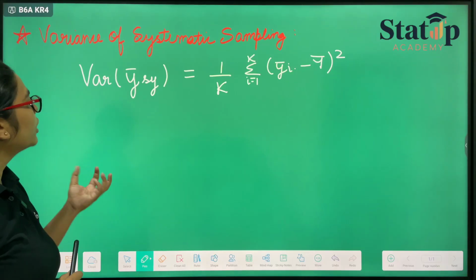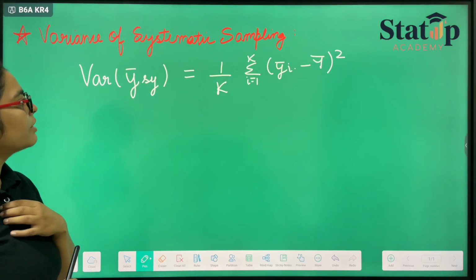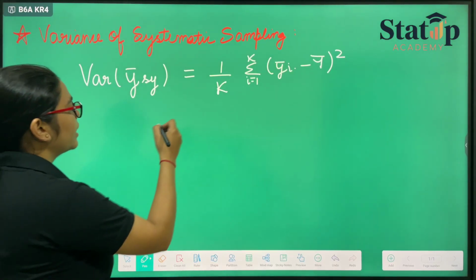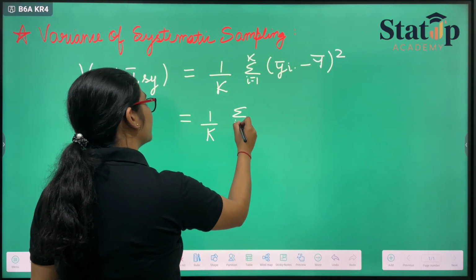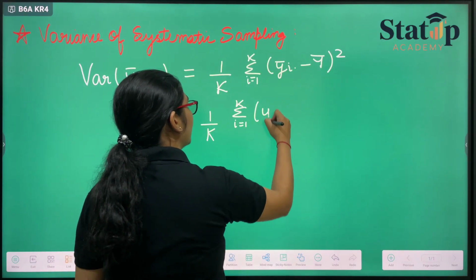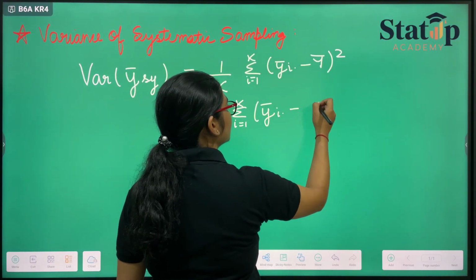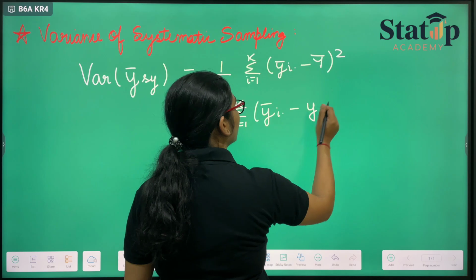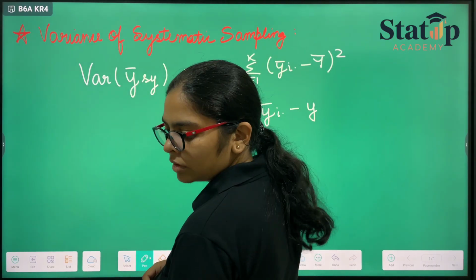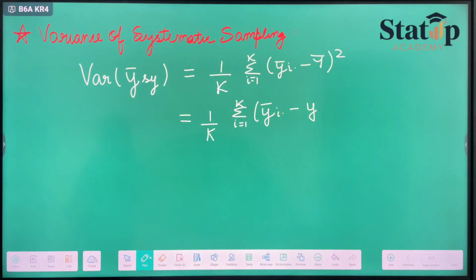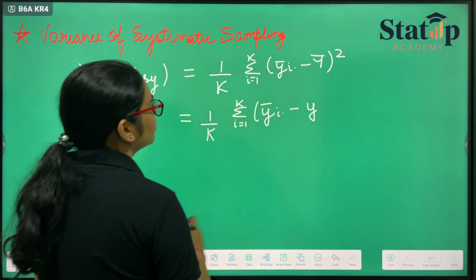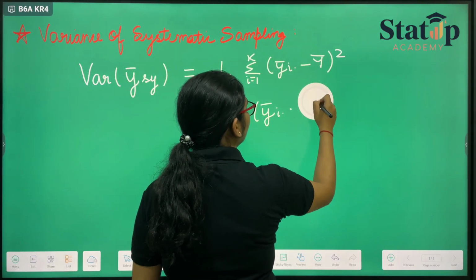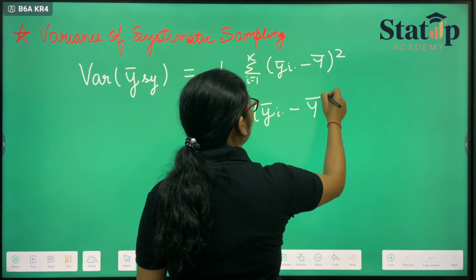We can rewrite this as 1 upon k, summation i goes from 1 to k, y bar i dot minus capital Y bar whole square.